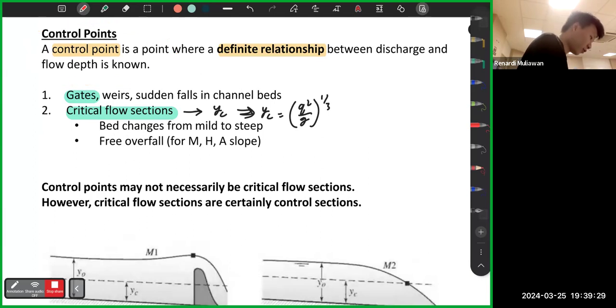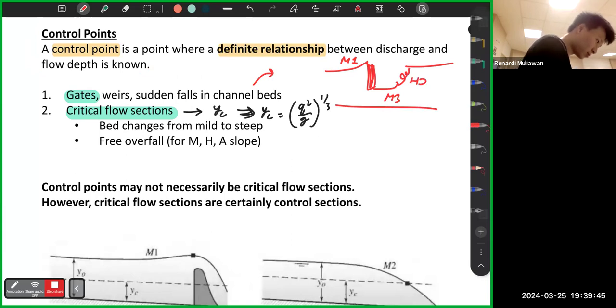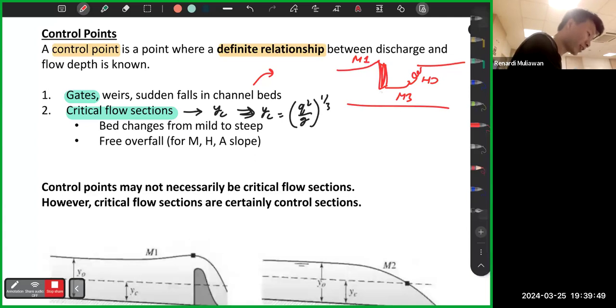Okay, for the first part, for gates, it is quite simple. If you force the water to go down, like just now, this is M1, then let's say M3, hydraulic jump, and something like this. For gates, if you notice, you force the water to go down here.